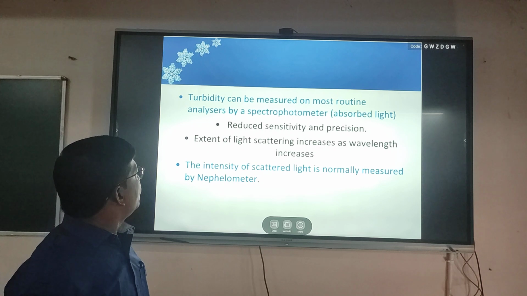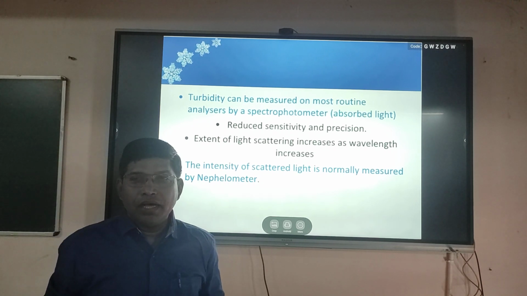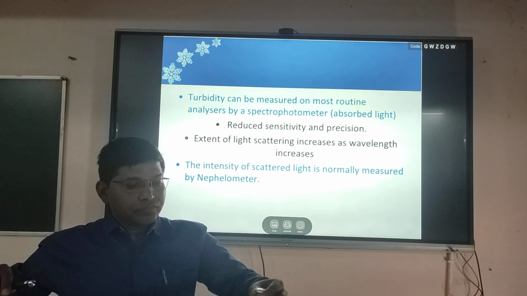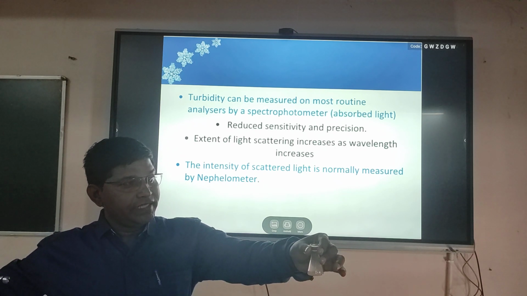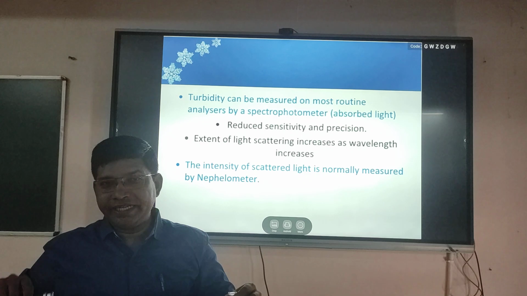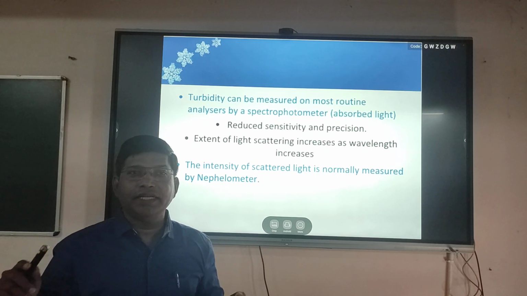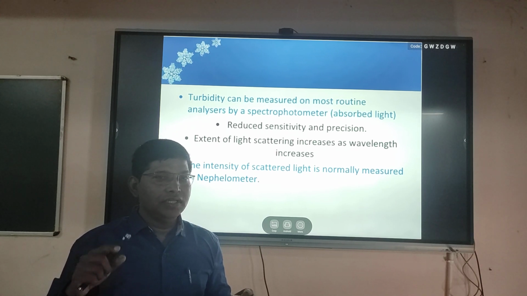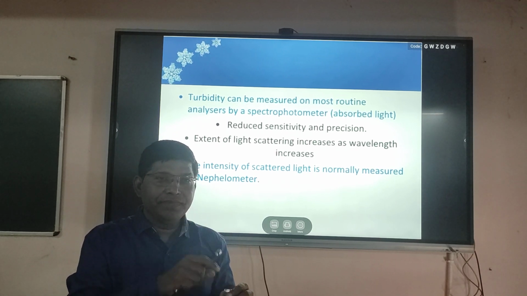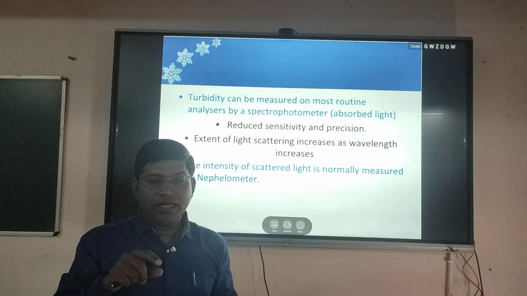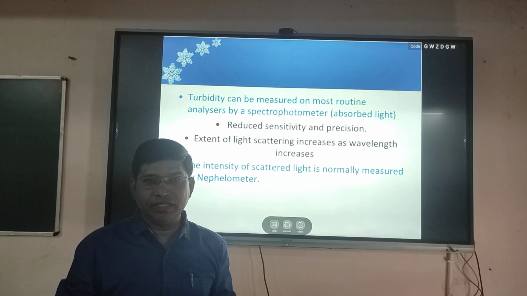A turbidimeter can measure most routine analyses by spectrophotometer, because in turbidimetry we are measuring the transmitted light, and as we know, in UV visible the transmitted light from the solution is also measured in a UV visible spectrophotometer.